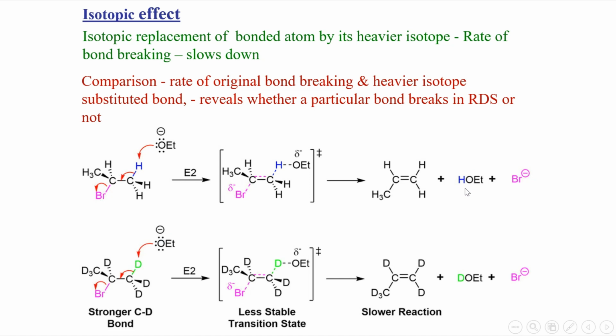Suppose the first reaction takes place in 1 hour, the deuterated one takes place in 2 hours, as it is a heavier isotope. What it indicates is that proton abstraction is a requirement for the reaction to occur. This is how we can propose the mechanism for the reaction.